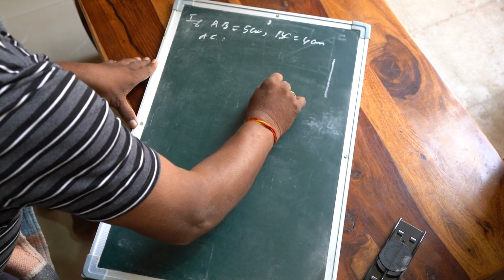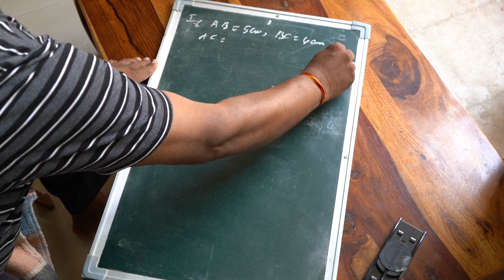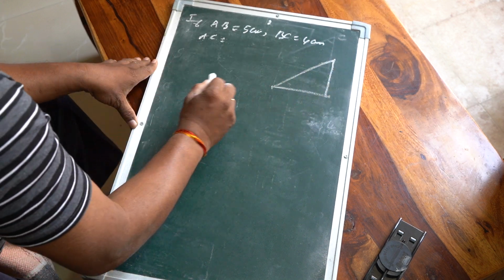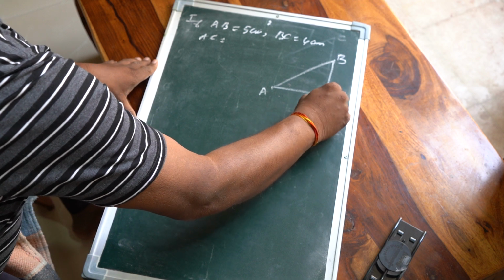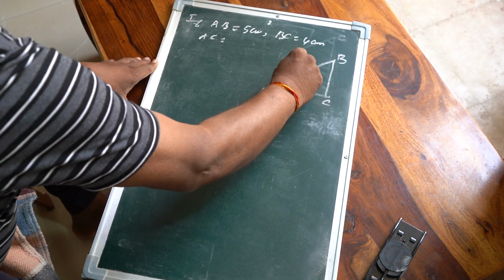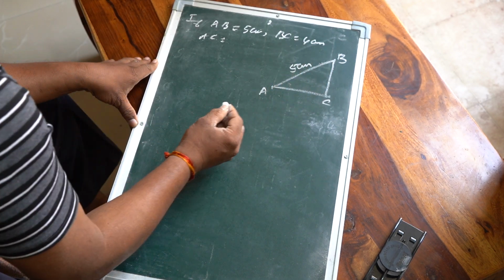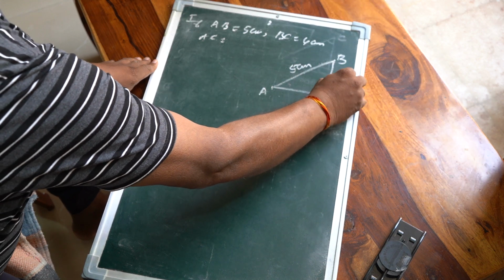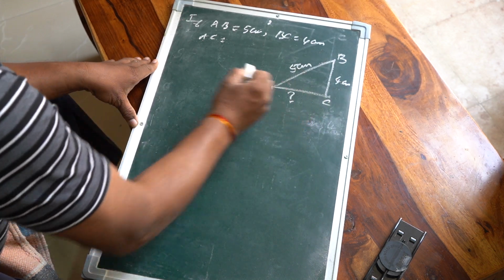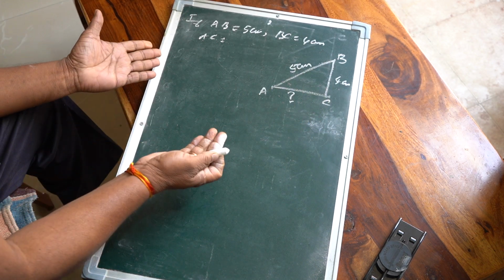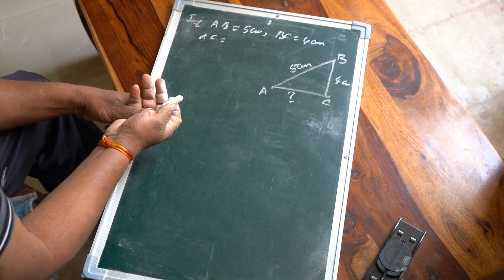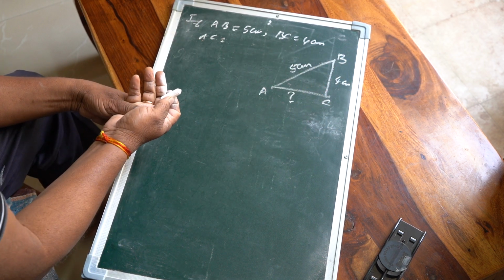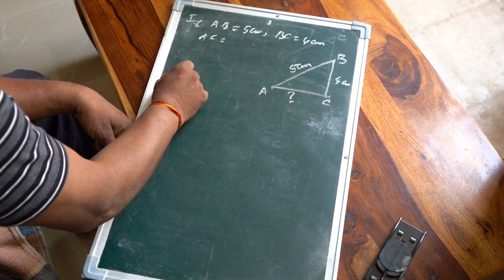This is a triangle, it is simple. So A, B, C. AB equal to 5 centimeter, BC equal to 4 centimeter. What is the value of AC? The hypotenuse is there, and the perpendicular side is there, and the base is also there.